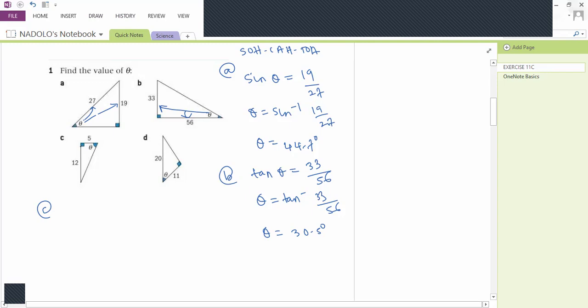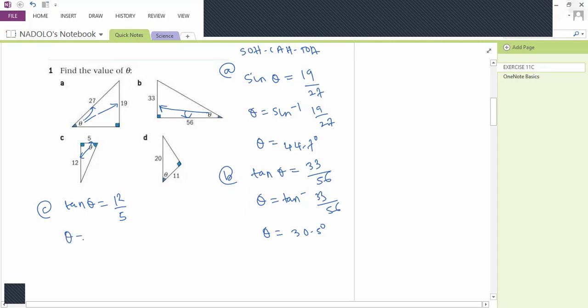Theta, with 90 degrees here, has an opposite side and an adjacent side this way. So which one has opposite and adjacent? That is tan. So the tan of that angle should be given by opposite over adjacent, 12 over 5.